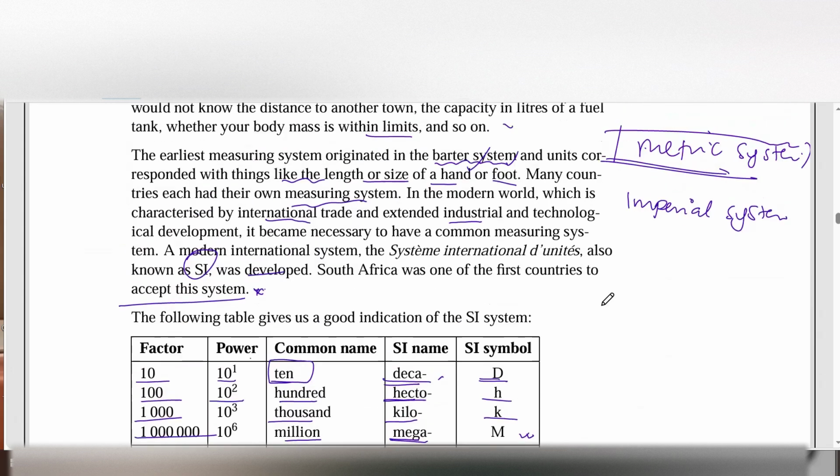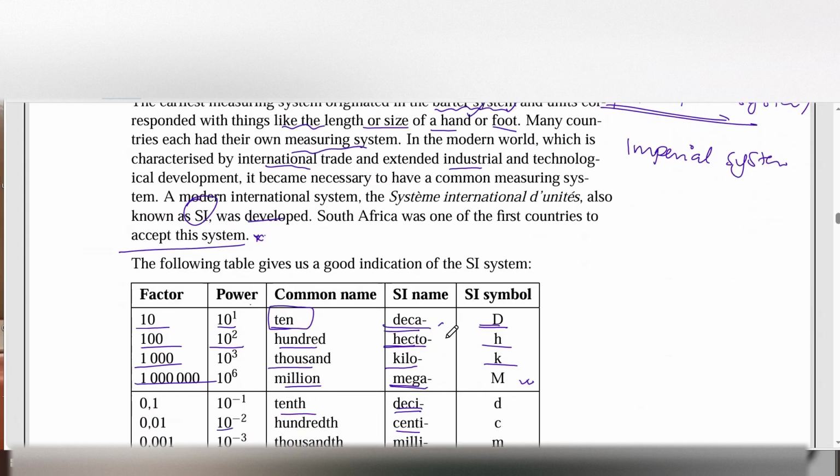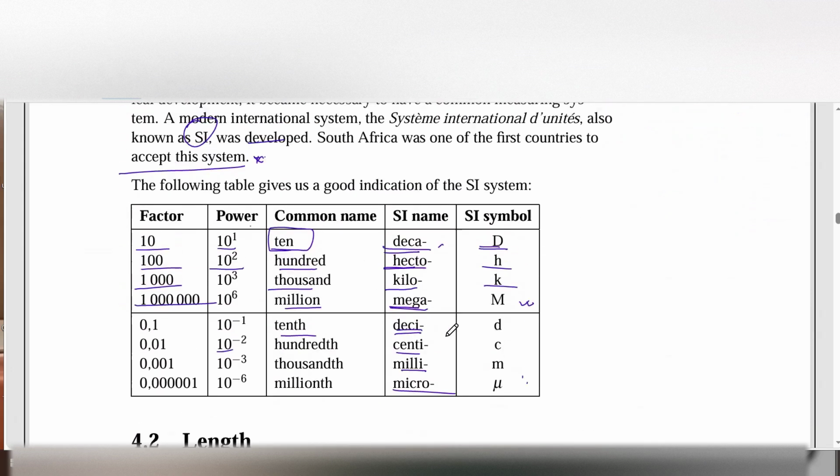And we have 7 units under the metric system. If we are measuring, let's say, length, the unit for length is usually meters.